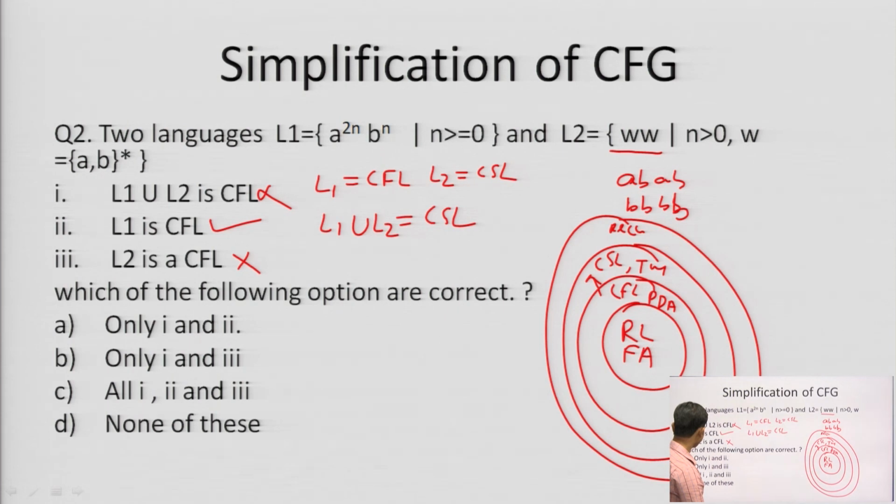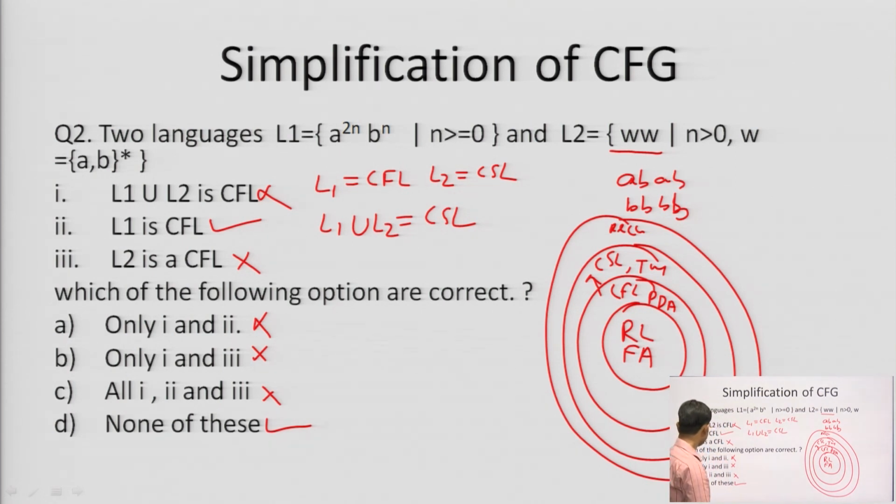Only I, L2 is a CFL, is false. L1 union L2 is a CFL is also false. WW cannot be accepted by the pushdown automata. So, the first option is wrong, the second is wrong, the third is also wrong, and you can say none of these is the answer.